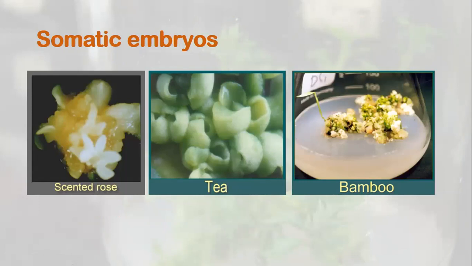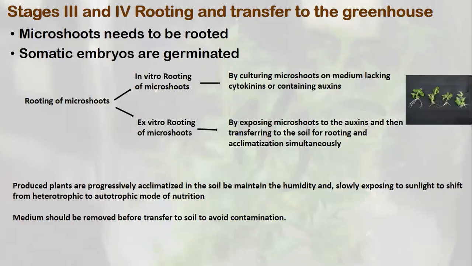Now I come back to the next stage, rooting. Rooting is a very important stage in micropropagation because only rooted plants can be put into the field. That is the only complete plant. Otherwise, these are microshoots. These are not roots, these are microshoots. And the somatic embryos need to be germinated. So both are very important.